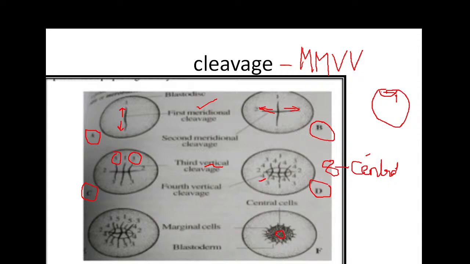This is central cell and these are marginal cells. You can see here marginal cells and central cells. Marginal cells are the ones seen at the margin of the blastodisc. The cells in the middle of the blastodisc are called central cells.